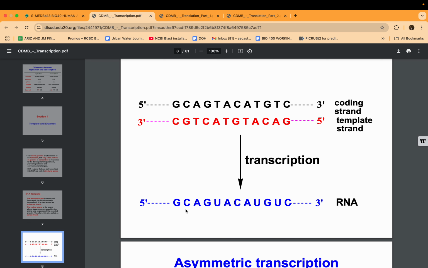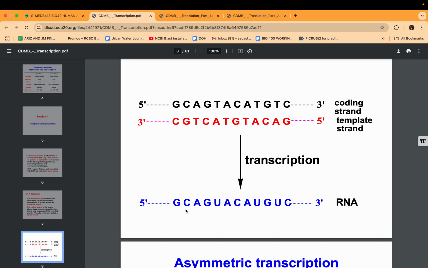The process of transcription can actually be initiated in opposite directions. Here you can see the template strand from 3' to 5', which is the original direction for the template. So it produces a 5' to 3' RNA molecule.